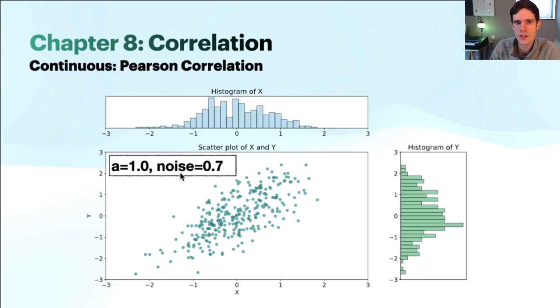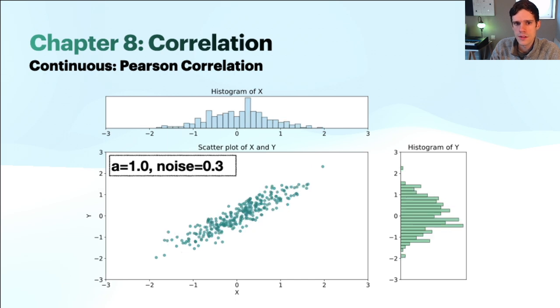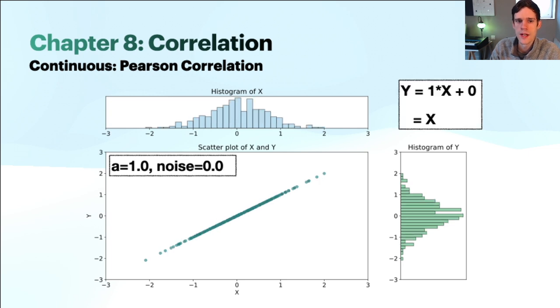However, because we still have a lot of noise, not all of these points are on a very straight line. So we can see what happens if we reduce this noise parameter. If we reduce it, we see that all of these scattered points more and more follow a straight line. And if we make noise equal to 0, then of course we have our 100% correlation.